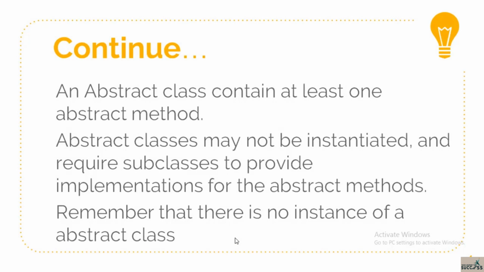An abstract class contains at least one abstract method. Abstract classes may not be instantiated and require subclasses to provide implementation for abstract methods. Remember that there is no instance of an abstract class.